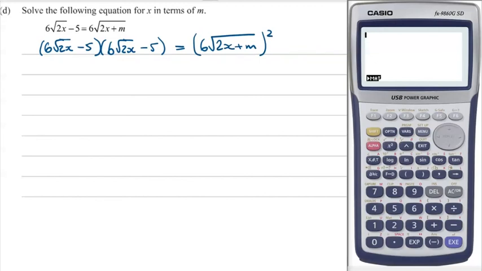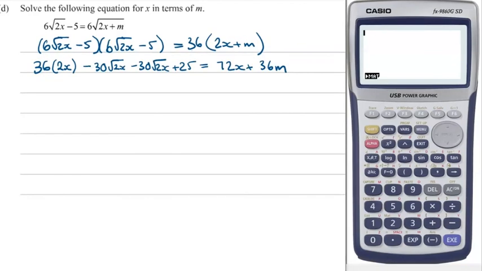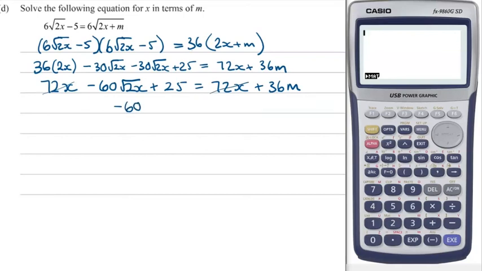So that right-hand side, if we square that, we will end up with 36 times this. Then our next line looks like this. And then I'm going to do a bit more tidying up. Now that 72 cancels with that one. Okay, so we get minus 60 root 2x is equal to 36m minus 25.